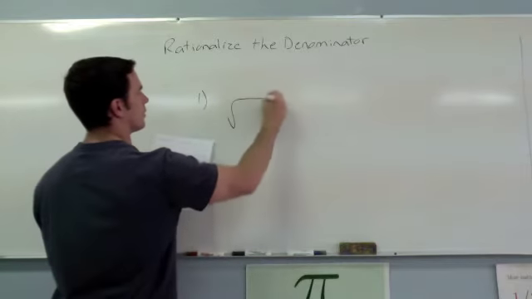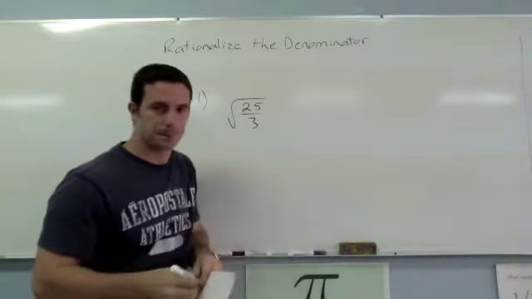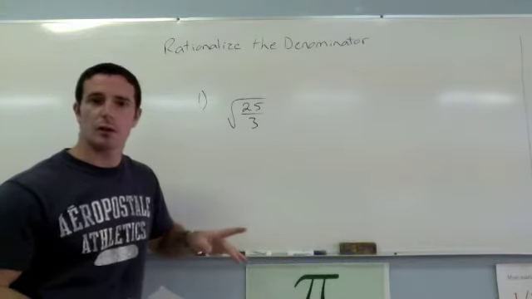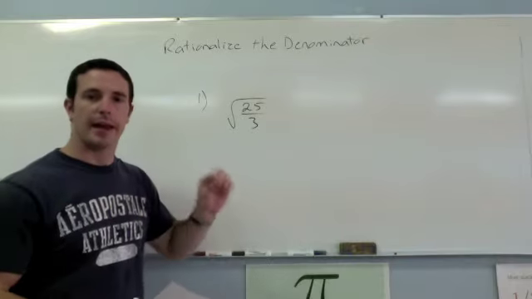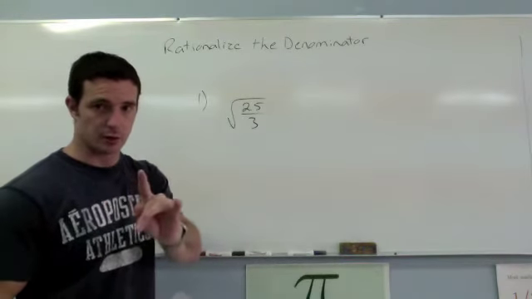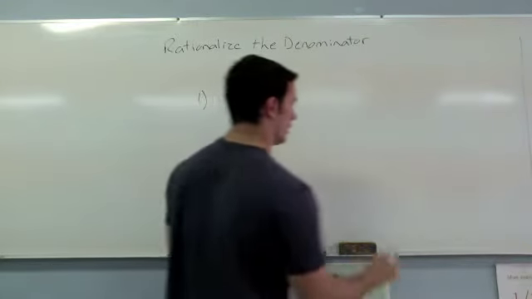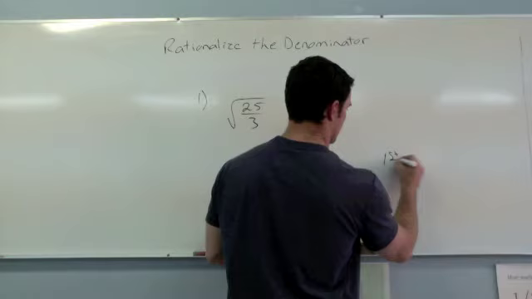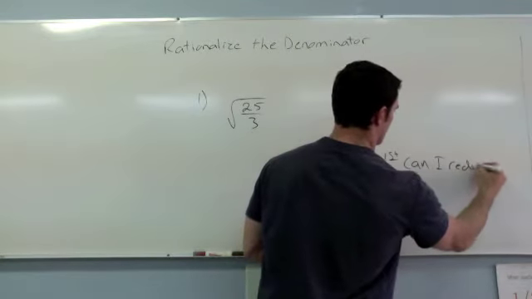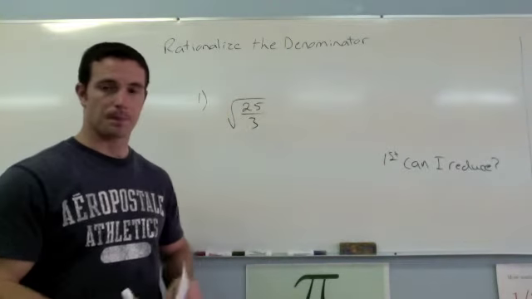If you have the square root of 25 over 3. Now, the first thing you should look for is to see, can I reduce? That's the number one thing. Can you reduce? Let me write that down so you know. First, can I reduce? That's the first thing you look for.